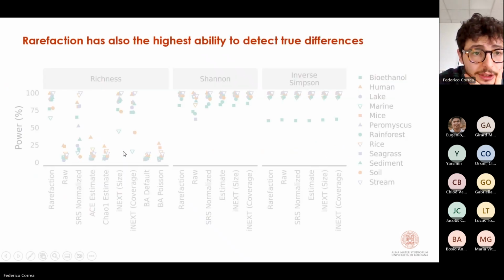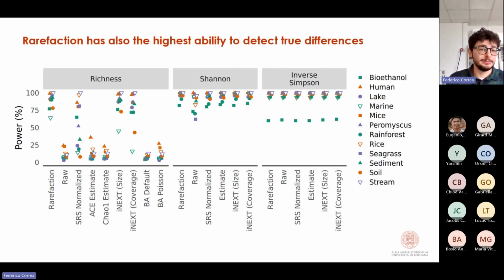Okay. Also, another problem is the power of these normalization methods. You can see that the power for the richness is very high with rarefaction, while the other diversity measures are almost not affected in this case.